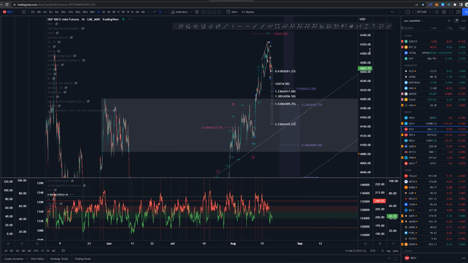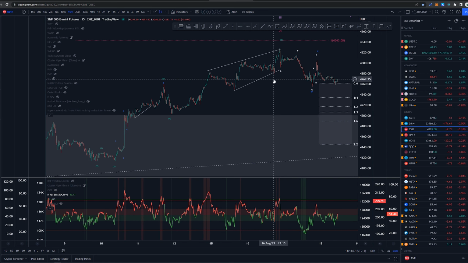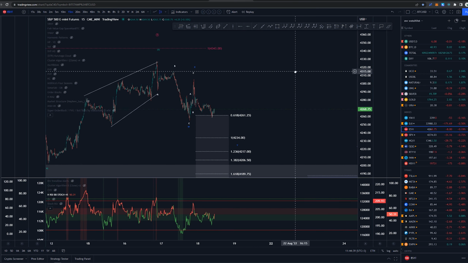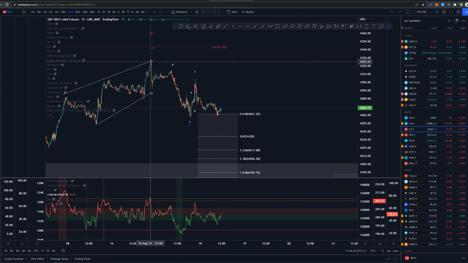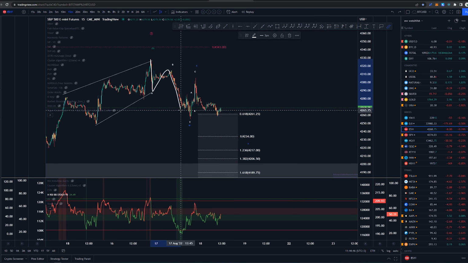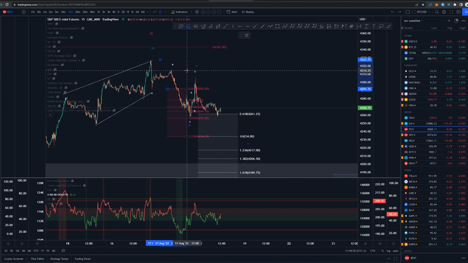On S&P 500, let's take a look at that local time frame as well. Same basic idea on higher time frame, which would fit. And here we would have this as an ABC. I had this on the more bearish count as a 1, 2, 3, 4, 5, but again, the extensions here are very small.